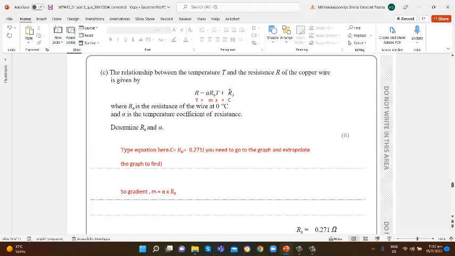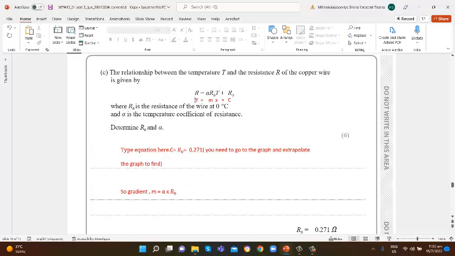You have to see whether m should be a number, c should be a number. Yes, R naught is fixed, and alpha R naught also. So what are the variables? R and T. So you can make this equation R equals alpha R naught T plus R naught, and rearrange it in the form of y equals mx plus c.